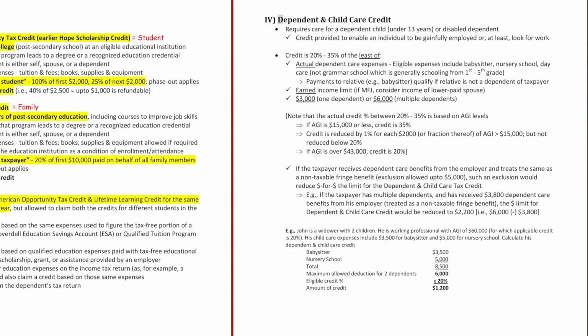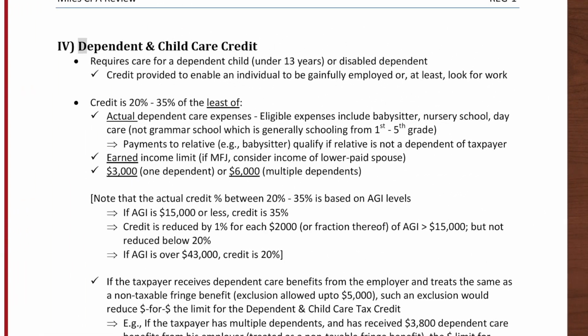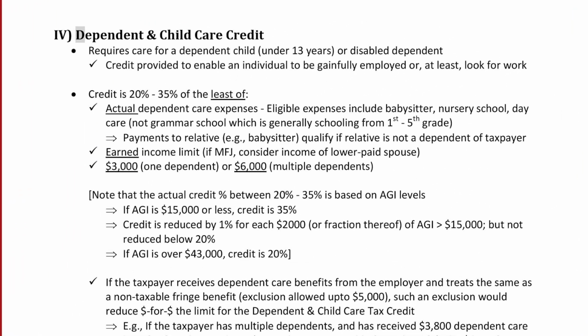On page 85, we've got the dependent and child care credit, which is right, the D of DEARS. Now, this credit requires care for a dependent child under 13 years, or a disabled dependent.